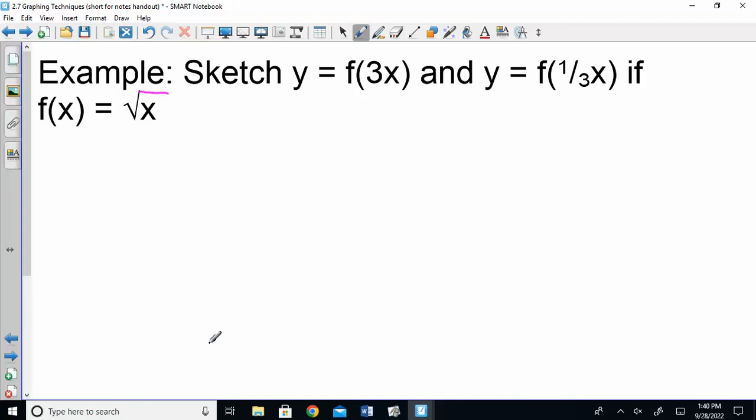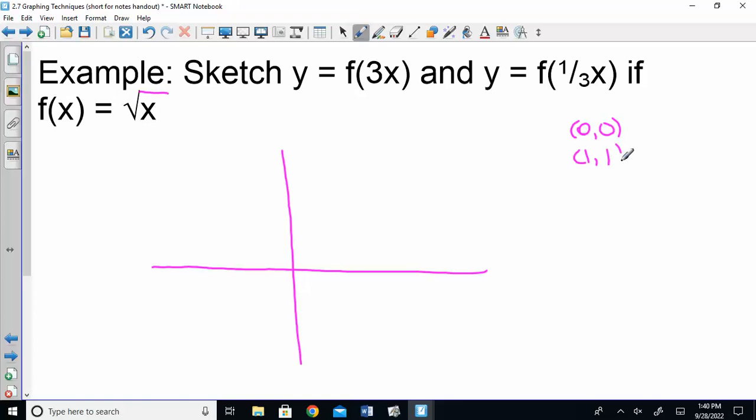All right. So this time, I'm going to have us do a couple graphs all on the same thing. My parent function is the square root of x. So what would I put on a square root of x? What points do I plug in? Square roots. So let's start with 0. Square root of 0 is 0. Square root of 1 is 1.